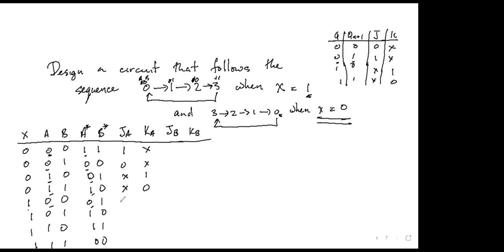0 and 0, 0, don't care. 0 and 1, 1, don't care. 1 and 1, don't care, 0. Well, sir, I said 1 and 0. 1 and 0, where is it? As in the one that you had 1 and don't care right before you have the don't care 0, the second to last one.